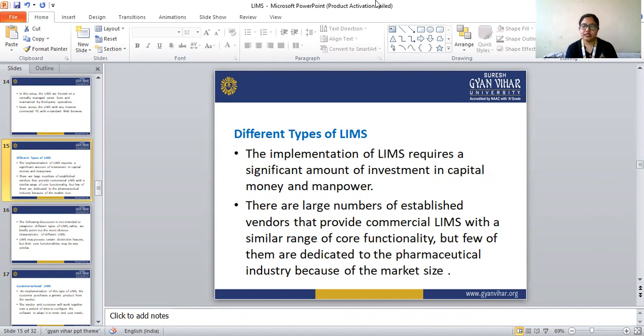So some vendors are dedicated only to the pharmaceutical industry, but there are lots of vendors providing commercial LIMS with all the functionality.